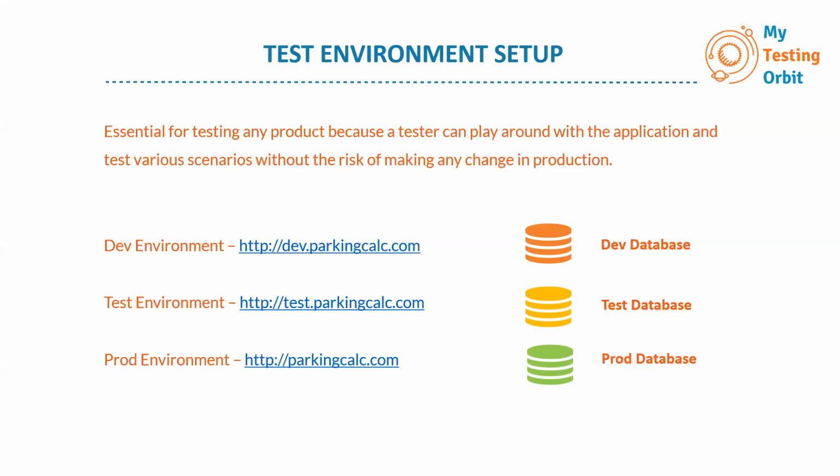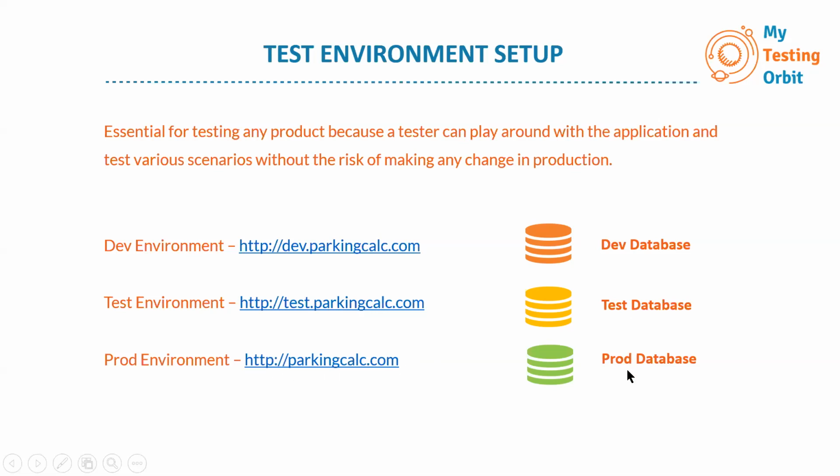This URL is nothing but another server for development, and at the back end there can be a development database. Then there can be a test environment, and the URL for it can be test.parkingcalc.com. It would be another server for test, backed by a test database. And then finally, in the production environment, the URL can be this, and there would be a separate database behind it.